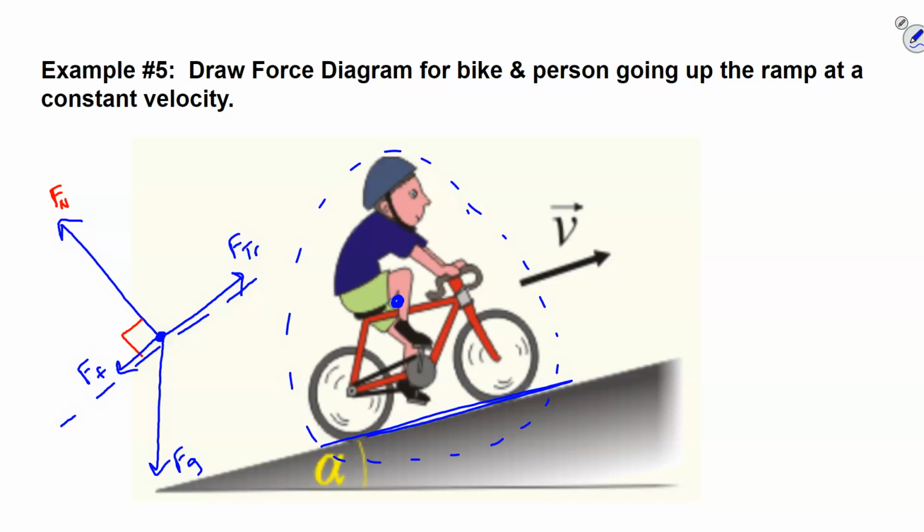Now, in this situation, I want to also break down this force into components. So this force gravity here would be the same as a force that's pushing the biker into the ramp, and I would call that force gravity in the y direction. And then this would be the force gravity in the x direction that is pulling the person down the hill. Okay, so I can show congruency here between two forces.